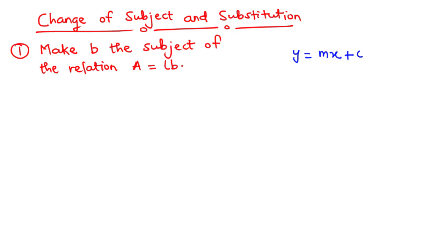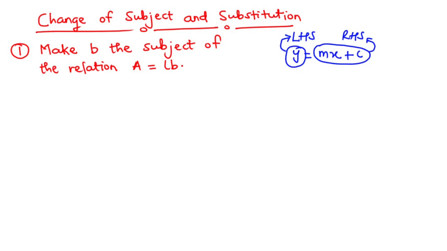Looking at this equation, we have the left-hand side and the right-hand side. On the left-hand side, we have only y standing alone, or isolated. On the right-hand side, we have m, x, and c.